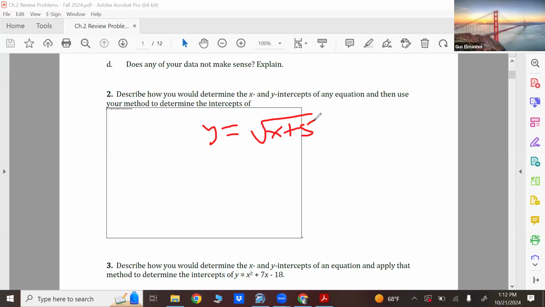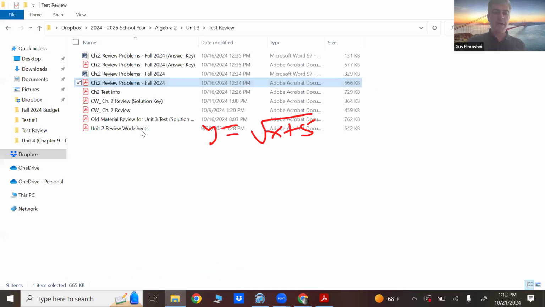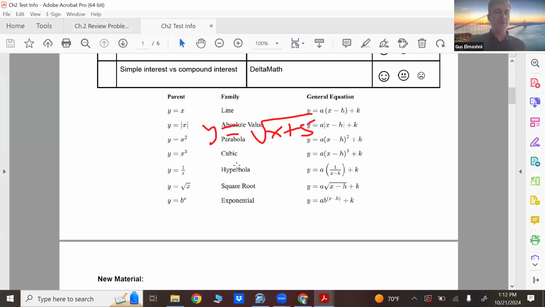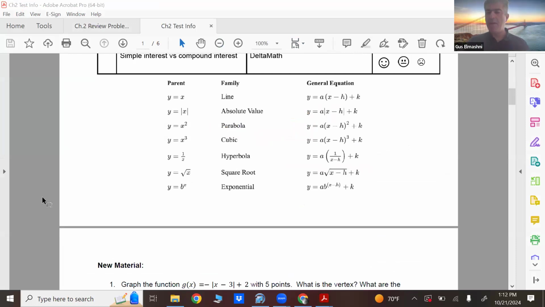So this one here. Now I'm just going to tell you this is pretty darn important. You really need to know these formulas incredibly well. They're all pretty similar though. I mean, there's not much to memorize, but you need to know this incredibly well. Don't worry about the line. Worry about absolute value down to exponential. These 6, 1, 2, 3, 4, 5, 6, are the parent functions.